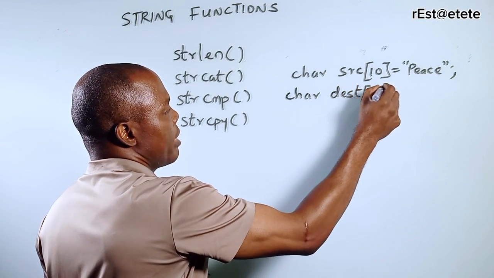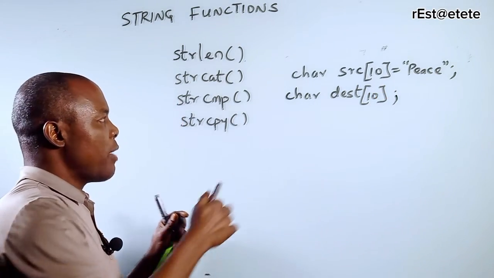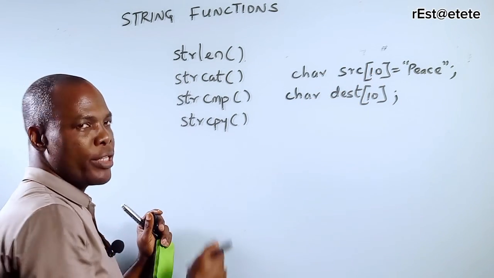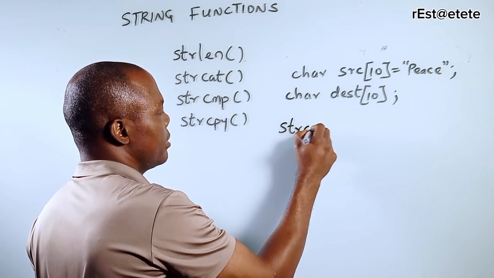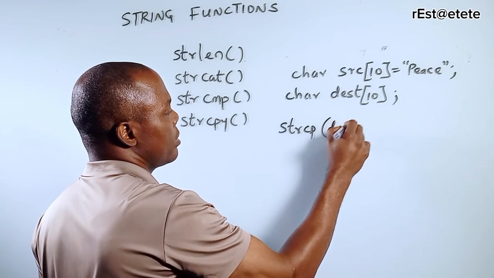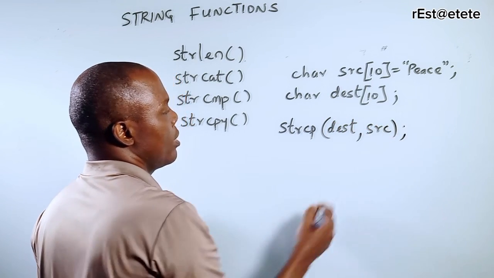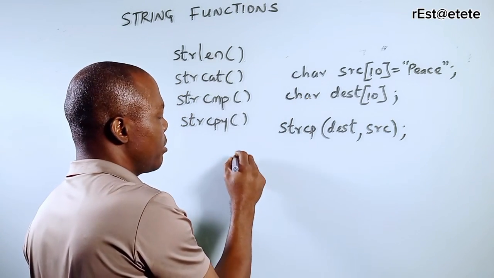I also give it 10 bytes. Then I'm not putting anything in it. So I want to copy what is in this source to what is in this destination. So I call my string copy. So I will say strcpy, destination and then source.